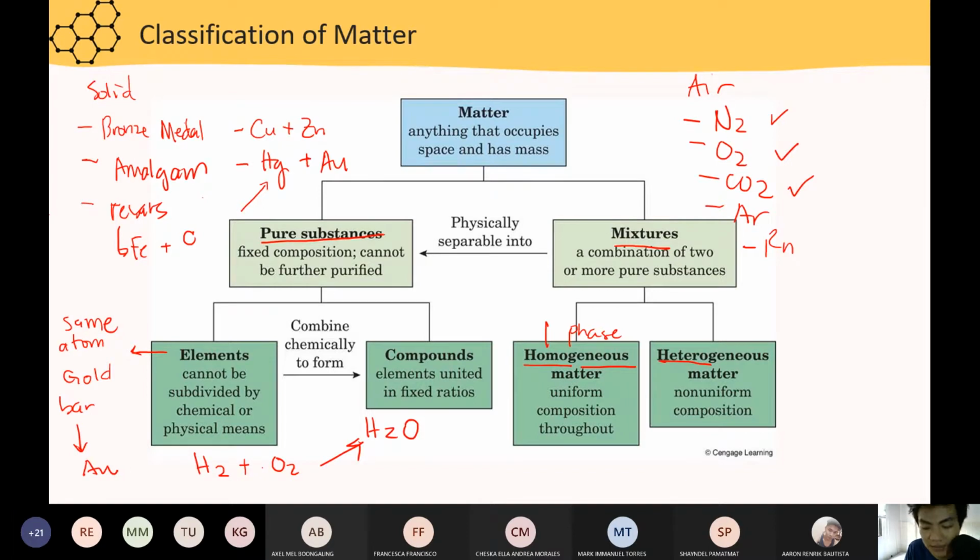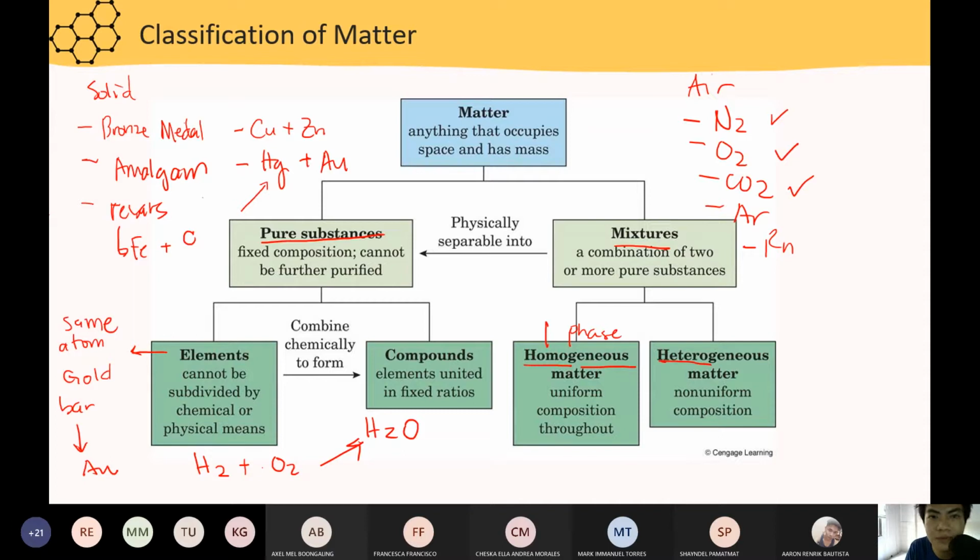So again, to summarize everything, matter is anything that occupies space and has mass, and we can classify it into two. We can have pure substance and mixture. When I say pure substance, we are talking about the same composition all throughout your sample. But the mixture is actually the combination of pure substances. Going back to pure substance, it can be further categorized into two, elements and compounds.